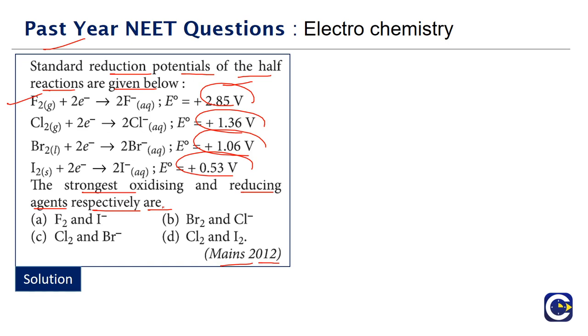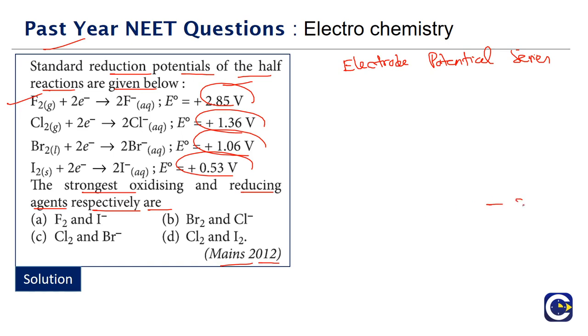All these questions, the basic approach is this. We have to first arrange these substances the way they appear in the electrode potential series. So how do we arrange them? The ones that have a high reduction potential will be at the top, and as we come down, the reduction potential is going to be decreasing.